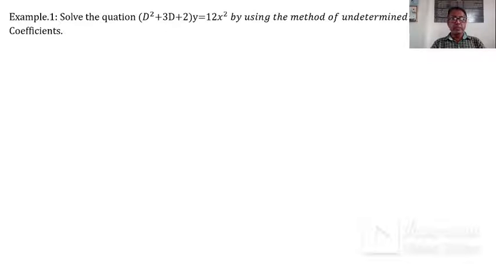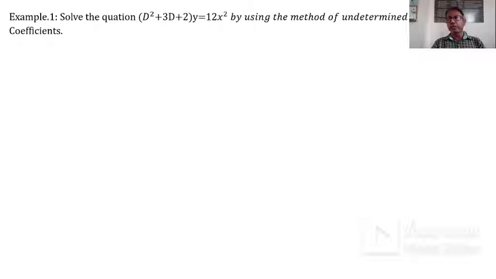Now, the same example we are able to solve by the method which we have seen in the previous chapter, in which Q(x) is of the type x to the power m. By that method also we are able to find the general solution of this differential equation.